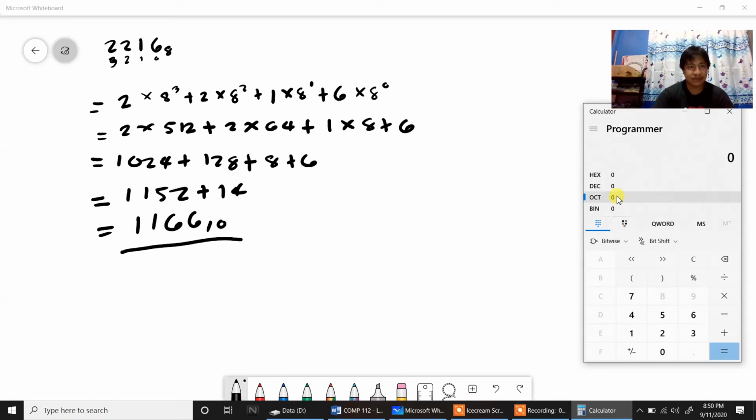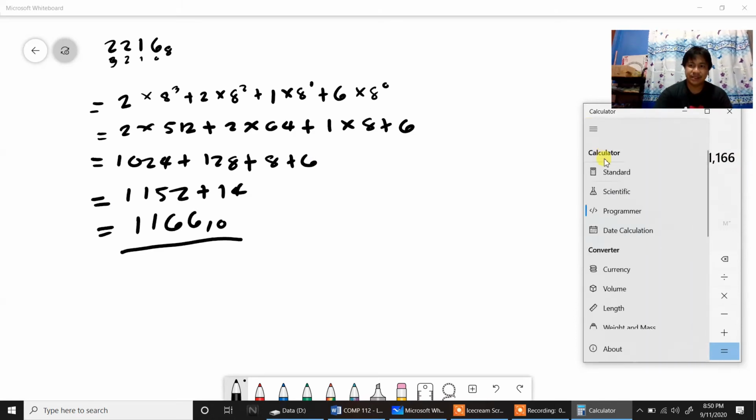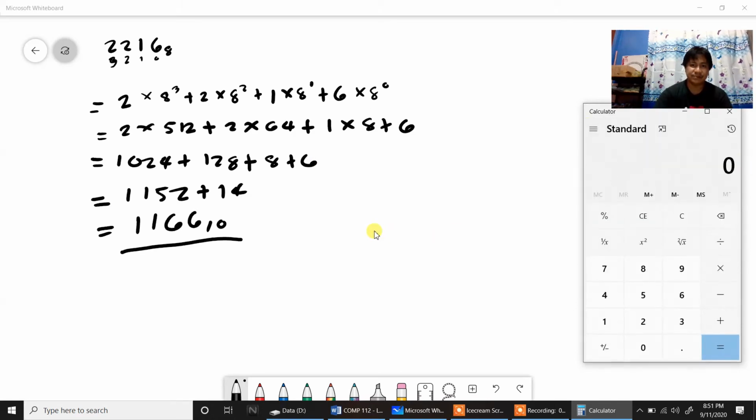So let's say we have 2216, so that is base 8. If you try to see the decimal value of 2216, it is 1166. So same with our answer. Okay, so that's the conversion.